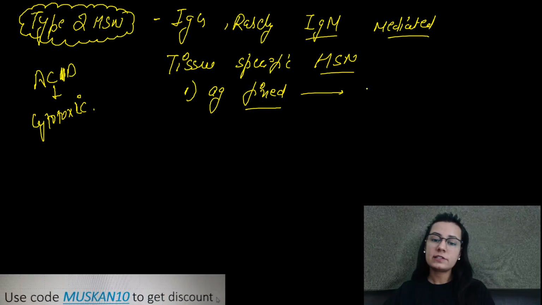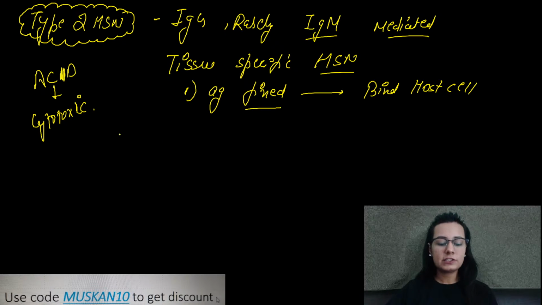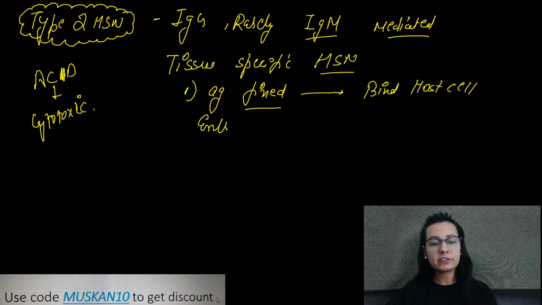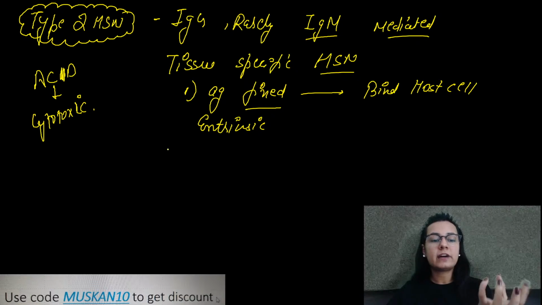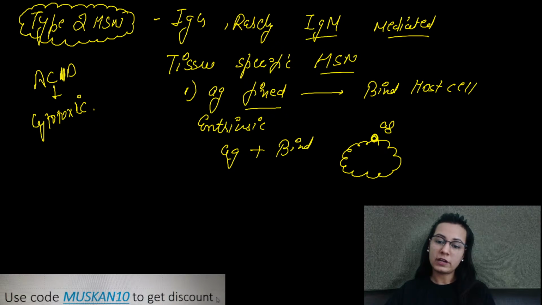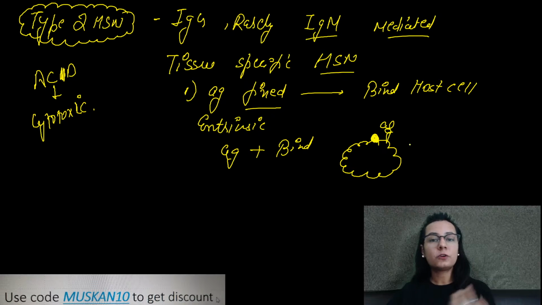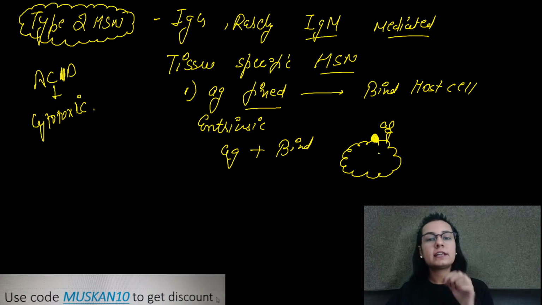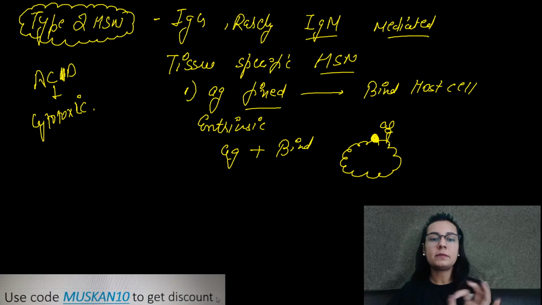So when the antigen binds to the cells of the host, the antigen is mainly extrinsic. Imagine that a virus has come, or any antigen has come, and this antigen will bind to the host cell, any cell of the person. Now normally this cell is not a foreign cell for our immune system, but when the antigen has attached to the surface of our own cell, this cell will be recognized as a foreign cell by the antibodies.